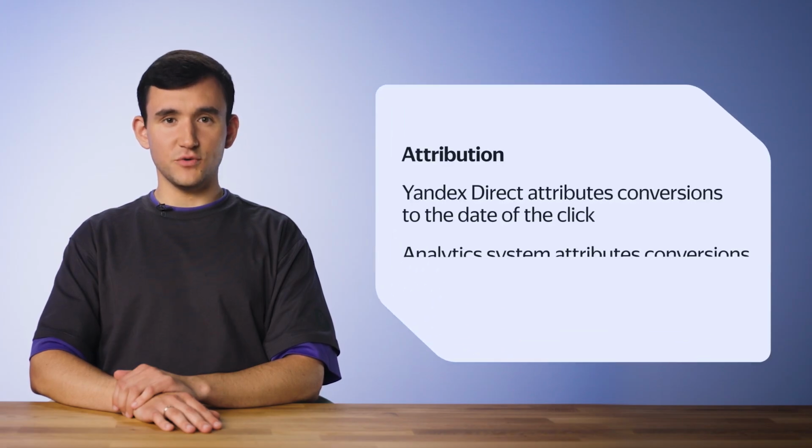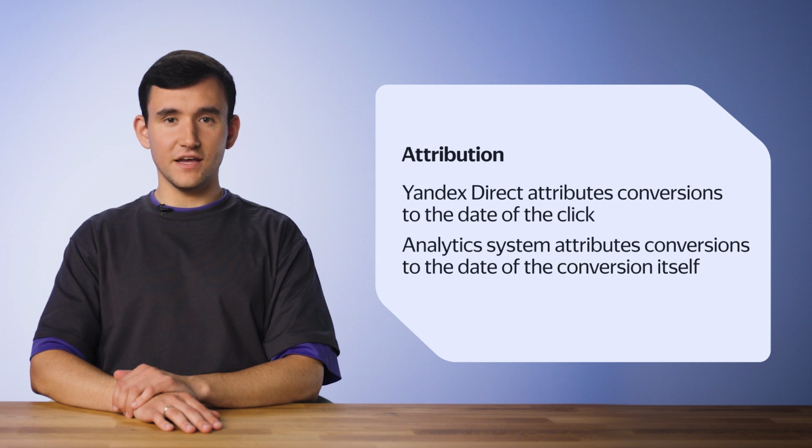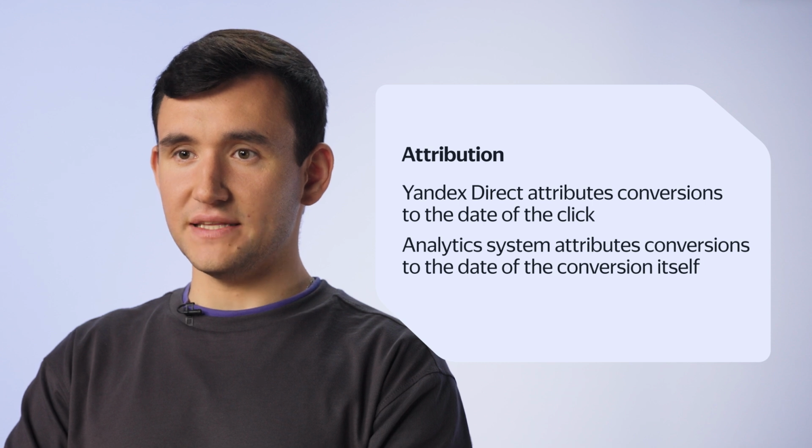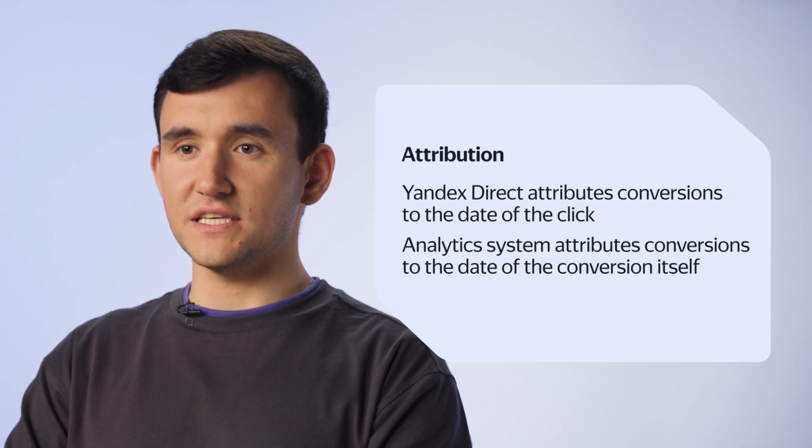Yandex Direct attributes conversions to the date of the click, while the analytics system attributes conversions to the date of the conversion itself. The click and conversion dates may differ because Yandex Direct receives information about conversions only after the app is installed and subsequently launched rather than immediately after the app is installed. This means there may be situations where the user clicks the ad and installs the app, but only opens it for the first time the next day.